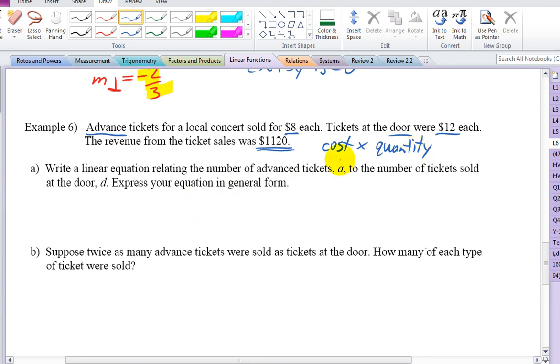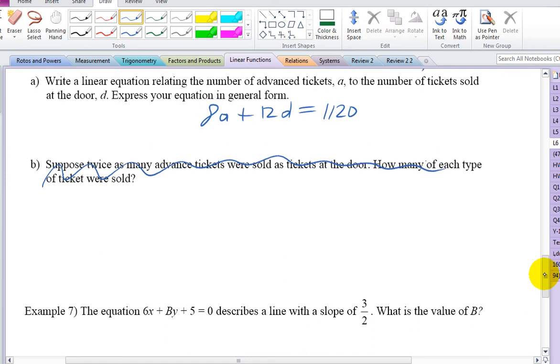Okay, so here we go. $8 times the number of advanced tickets plus $12 times the number of tickets bought at the door equals the grand total of $11.20. Okay, we're going to see more of this coming up with the other units. Just cross this part off and let's go down to number 7.